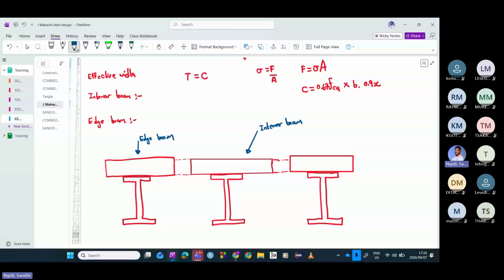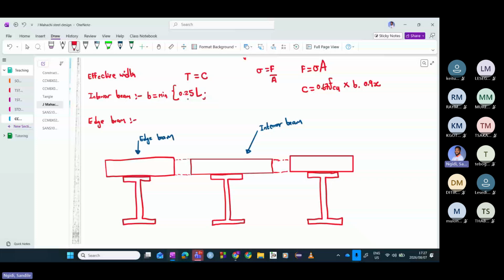Reading from the code, it is the lesser of 0.25 times the composite beam span, so we can take 0.25 and multiply this with L. Or there's another 0.25, it's actually 0.5, the average distance from the center of the steel section, truss or joist, to the center of the adjacent parallel support.